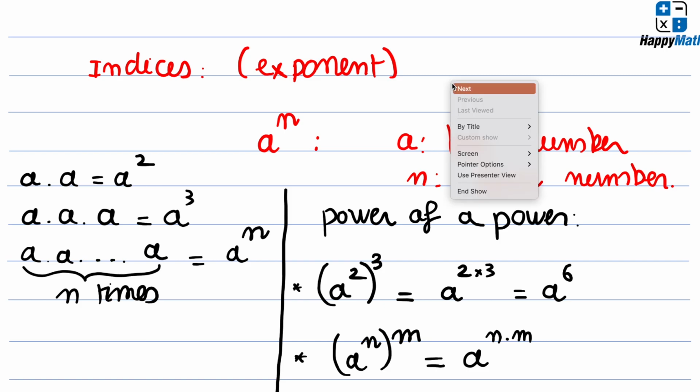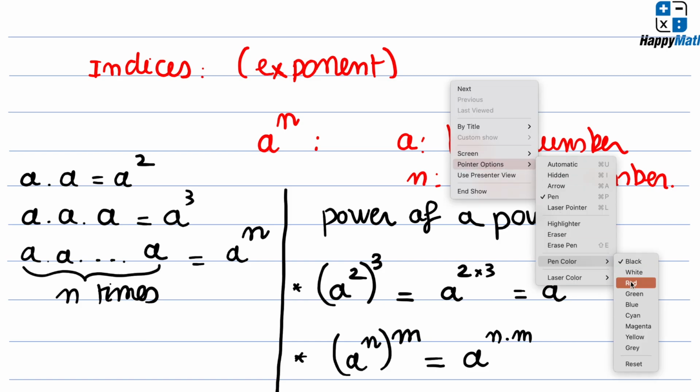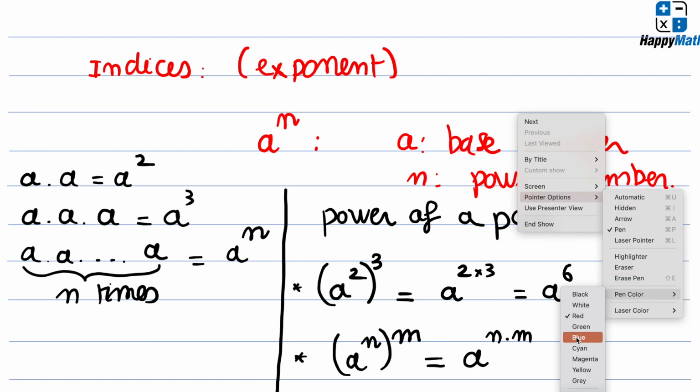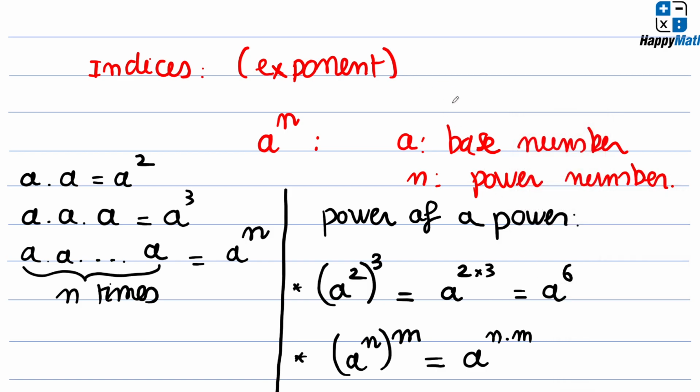Another example: a to the power of x, and outside you have y, so it means a to the power of x times y. Yeah, that is the power of a power rule. That is not too difficult, but you should remember it's not only one formula. We have a lot of formulas to remember.